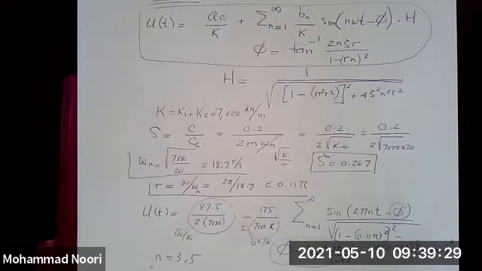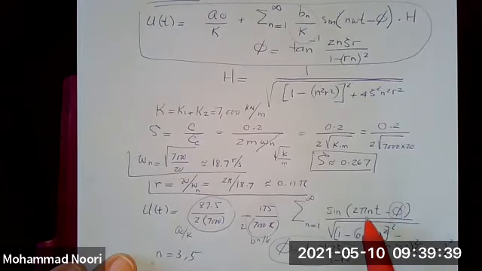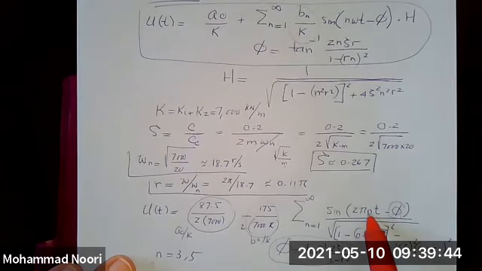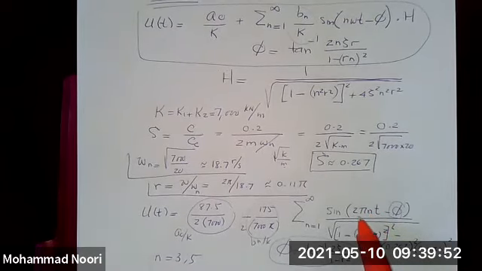Is n only odd terms or even terms as well? Oh, in this case, if I'm not mistaken, actually, good question. Because sine of 2 pi, if n is odd, let's say is 1, so you have sine of 2 pi.